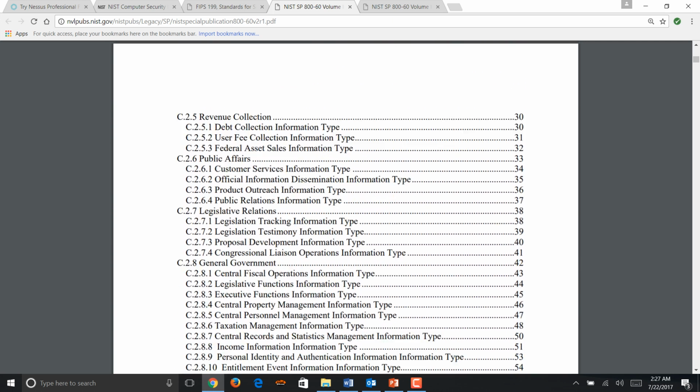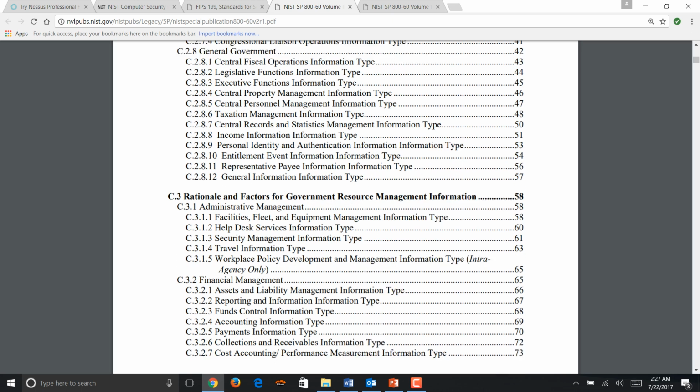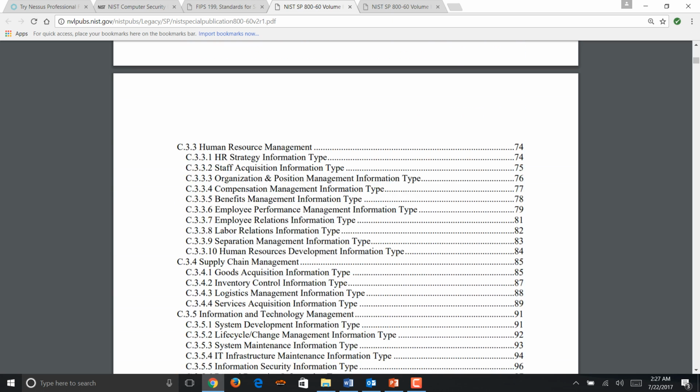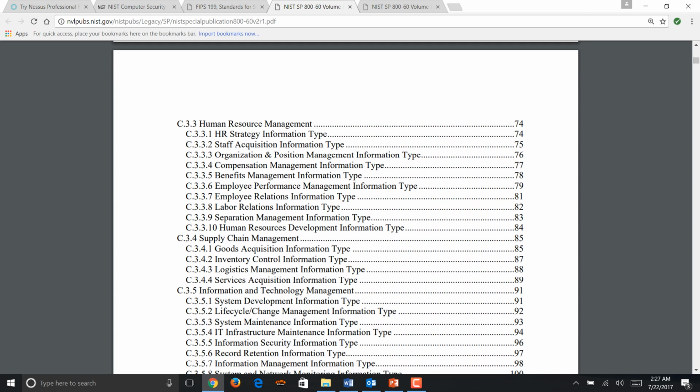No matter the number, no matter your agency, no matter your systems, your information type will fall under any of these. Let's take, for example, a system that is an HR system, such as human resources management.